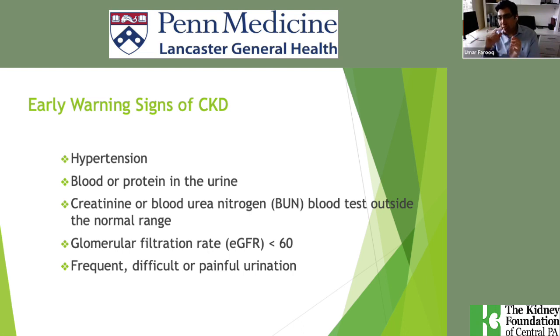Now you have to consider this as a population. If you are the director of population health managing 1,000 patients, and 100 of those have diabetes and high blood pressure, you know this is the population at the highest risk of developing kidney disease.